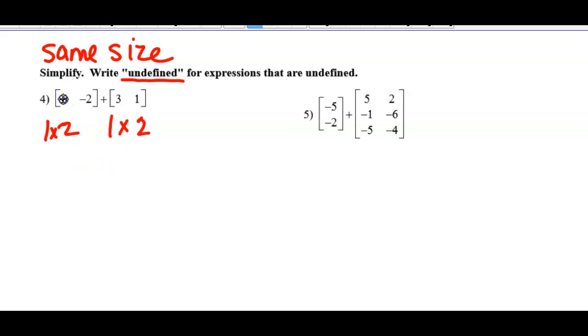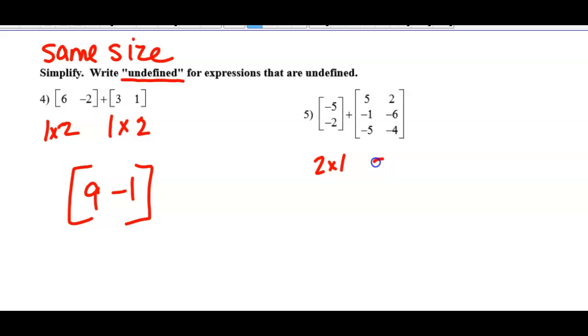You simply add row 1, column 1 to row 1, column 1. So you get 6 plus 3 is 9. And then you add row 1, column 2 to row 1, column 2 over here. -2 plus 1 is -1. And you're done.